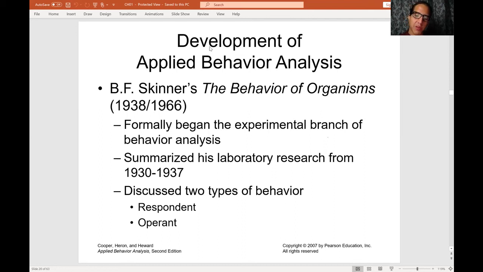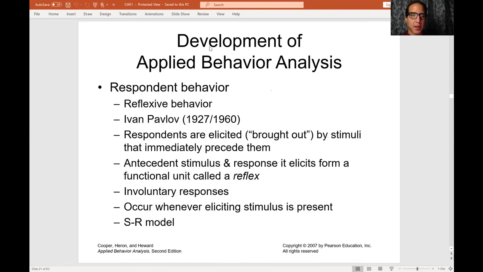A lot of people who go into psychology or have taken a psychology course, high school or college, might have heard of this Pavlov and his dog, and the salivation and the bell. That is what we know as respondent conditioning behavior. Respondent behavior, oh, here it is. Reflexive behavior.